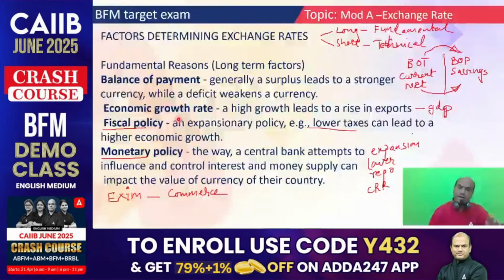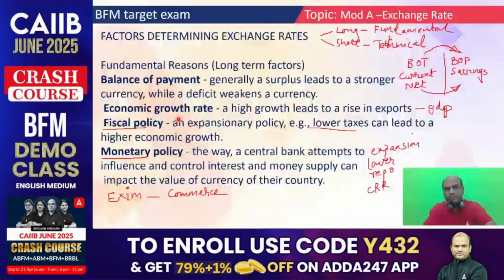Fiscal policy is given by the government, finance department. Monetary policy is given by RBI. Fiscal policy deals in taxes, charges, fees. Monetary policy deals in CRR, SLR. CRR mainly, and repo. So these are the four basic reasons.